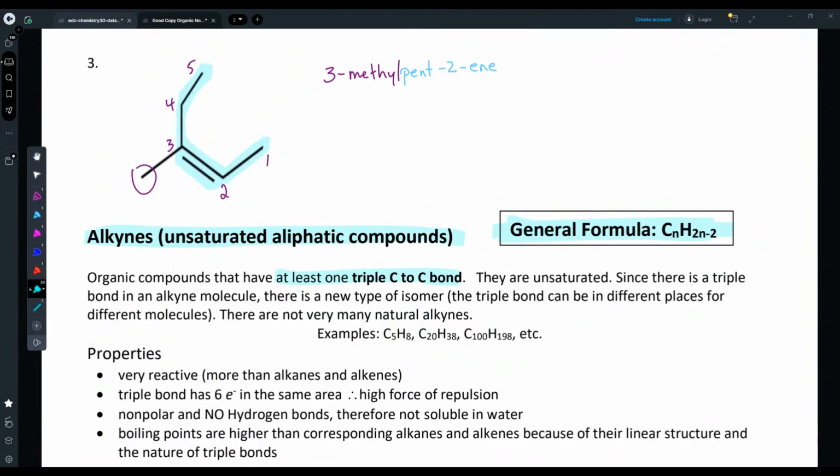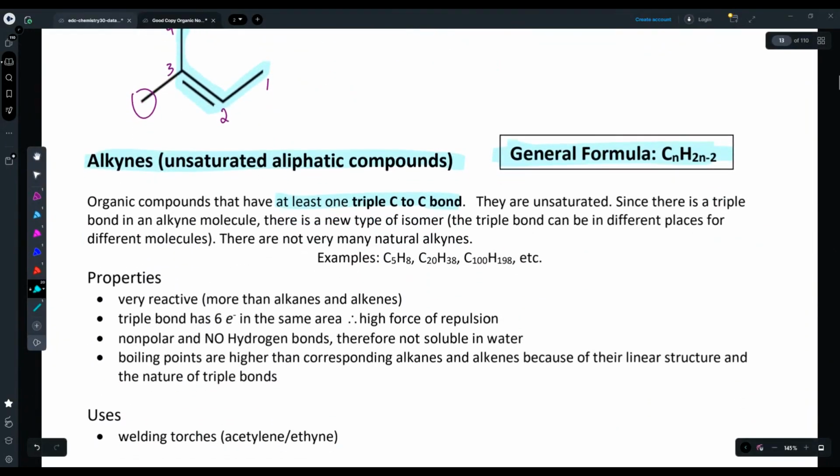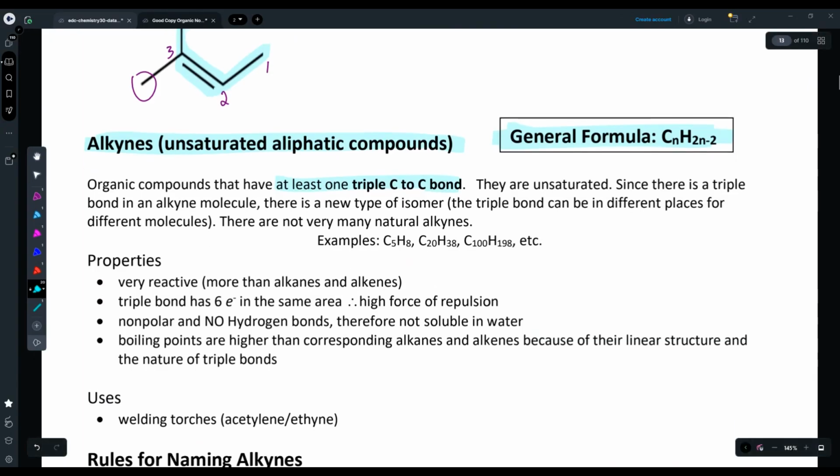Okay, now in nature there's not very many alkynes, and that's just because alkynes are not a very stable compound. Okay, so some examples would be C5H8, C20H38, C100H198, and so on and so forth. All of them follow that general formula up here.